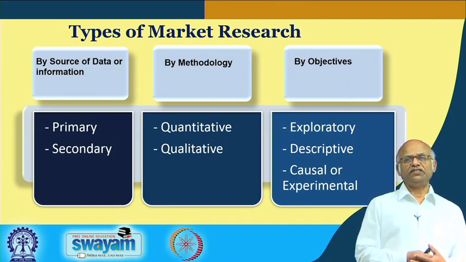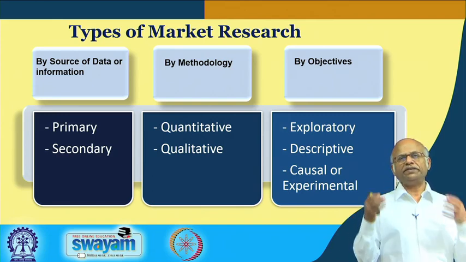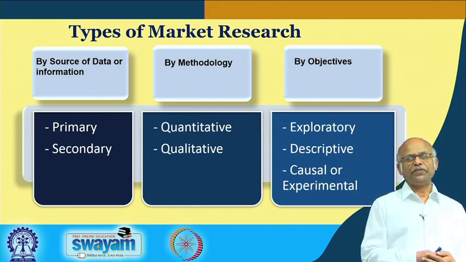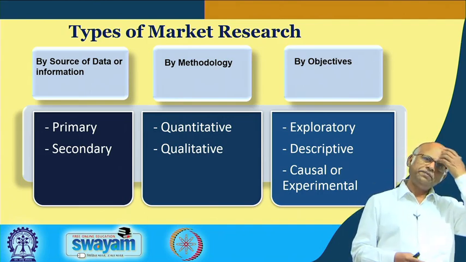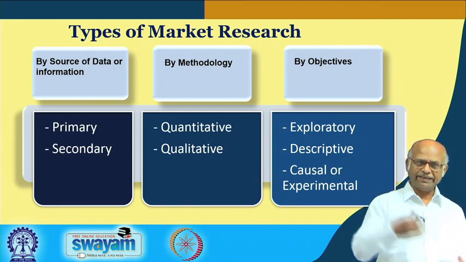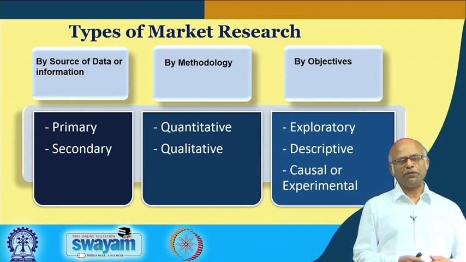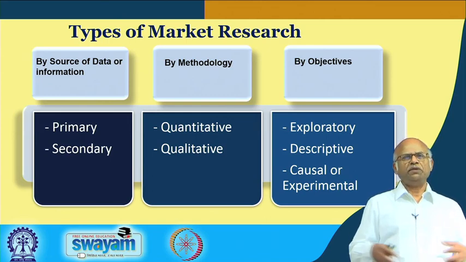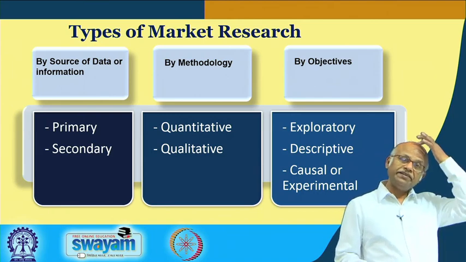Types of marketing research, and remember that they are not really mutually exclusive, they are all inclusive. So, market research can be classified as primary or secondary, that is, based on the source of data. If you are happy with available data, where somebody somewhere has data and you are just collecting it, either buying it or getting it free, or say you gather something from a magazine that you have bought, you can use that for some exploratory idea, some preliminary idea, then that is called secondary data.